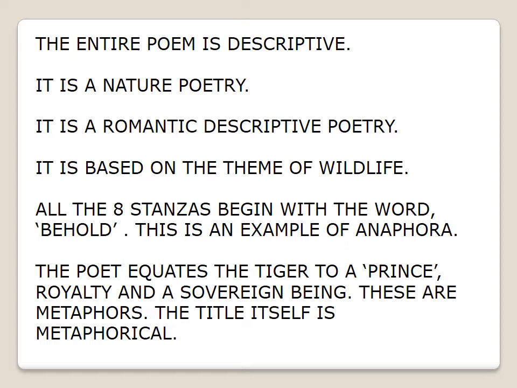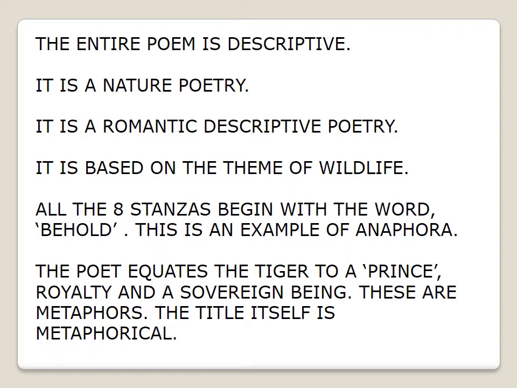The poet equates the tiger to a prince. In the title itself, the poet says, Portrait of a Prince. And when we read the poem, we understand who the prince is. It is the tiger. So he is equating or comparing a tiger to a prince. This is a metaphor. In other lines also in the poem, he says, it is a regal animal, it is a sovereign being.